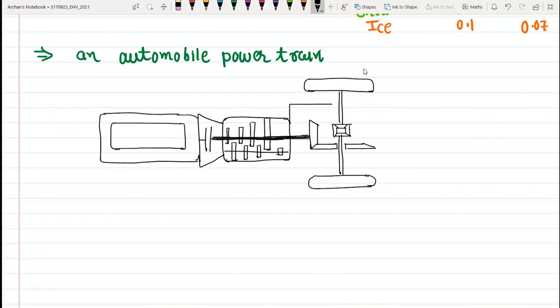Just complete the entire phenomena. Okay, so this will be our differential box.